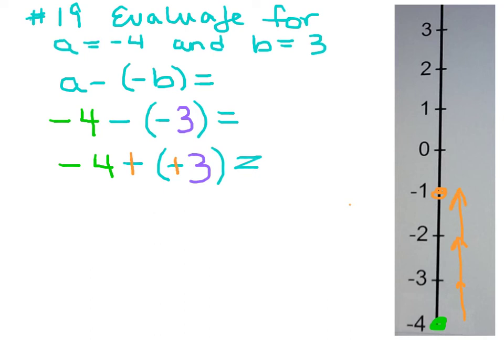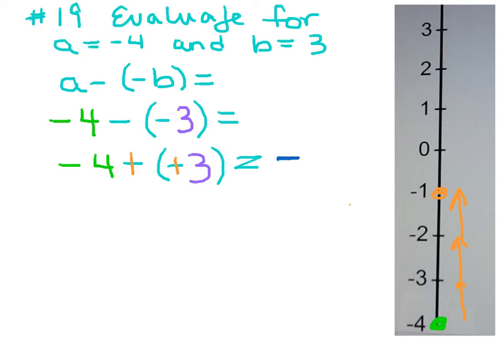So when I do that in terms of the equation that I have right here, I look and I see, okay, my signs are different, right? And the absolute value of the negative number is greater than the absolute value of the positive. Therefore, I know my answer must, in fact, be negative.